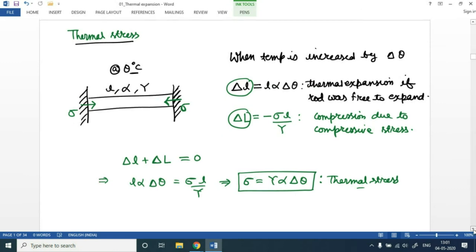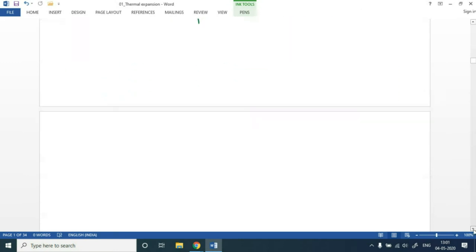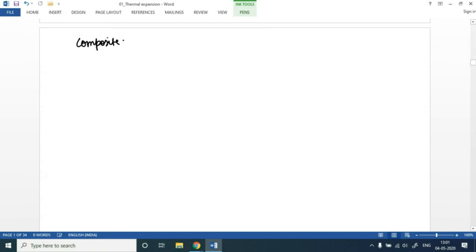So let's look at a few examples in which we will have thermal stress, and let's look at some famous problems. Okay, one famous problem is of the composite rod. Now you see, let's say between two rigid supports, we have fixed a composite rod.